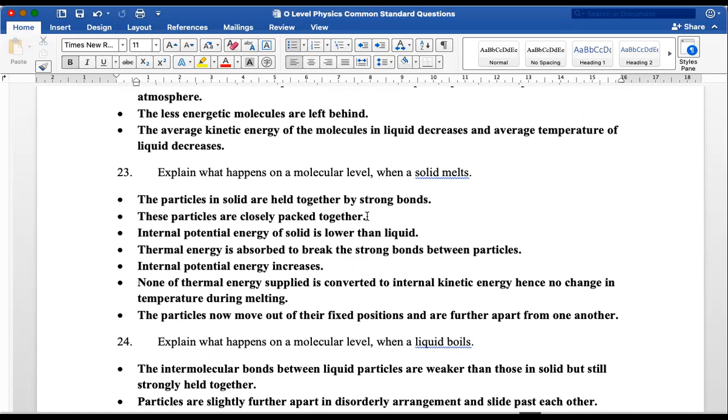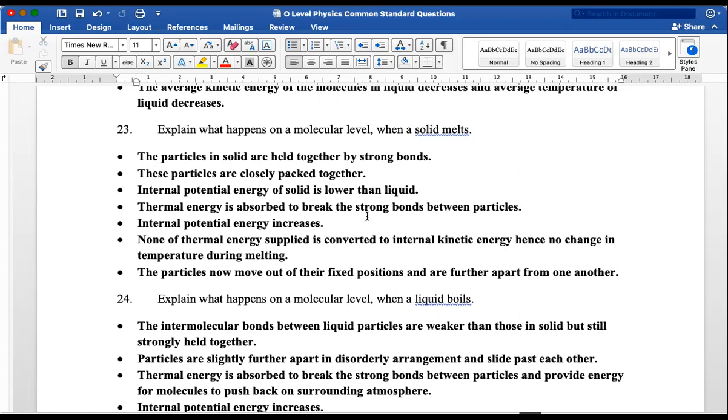Explain what happens on a molecular level when a solid melts. The particles in solids are held together by strong bonds. The particles are closely packed together. Internal potential energy of a solid is lower than a liquid.